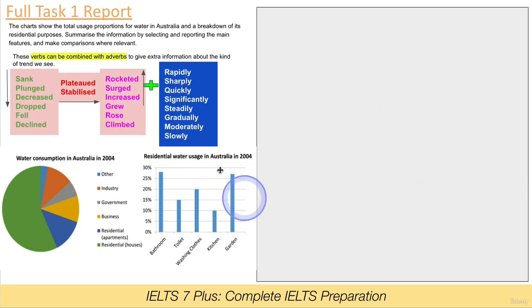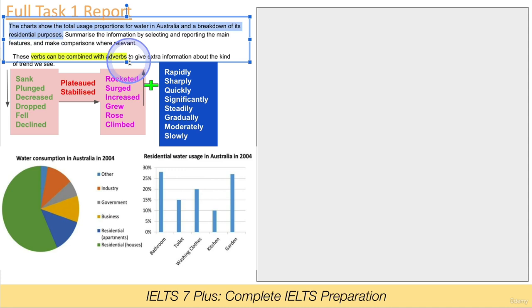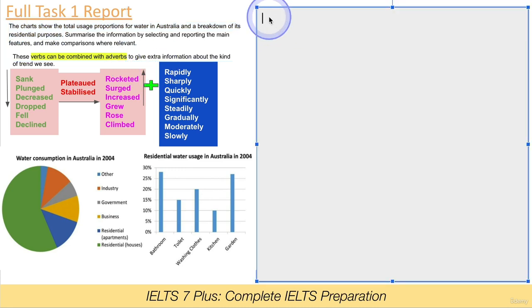Well, let's head into the write-up then, and just like every task one, we need to paraphrase the first sentence here. So the charts show, so let's be specific, the pie chart and bar graph display information on the usage proportions of water, maybe share of water, in Australia.